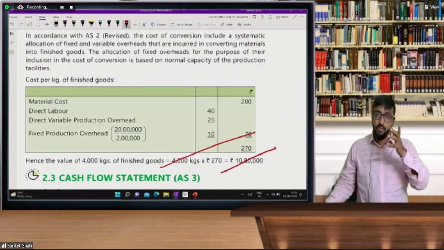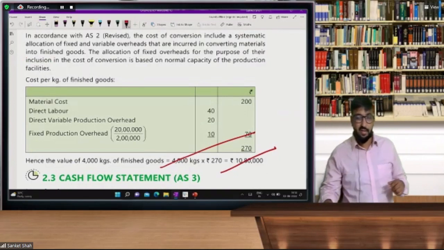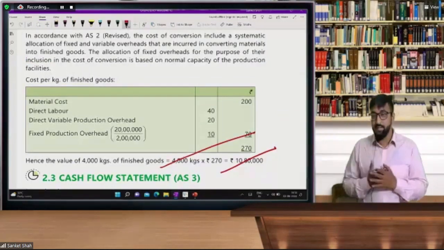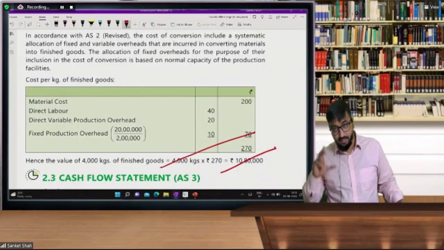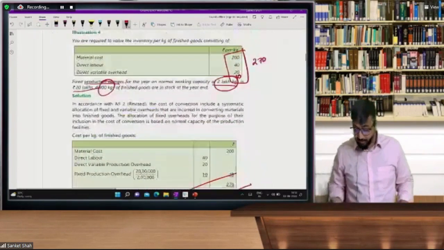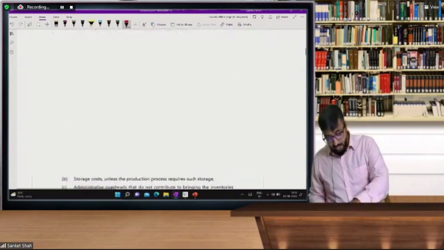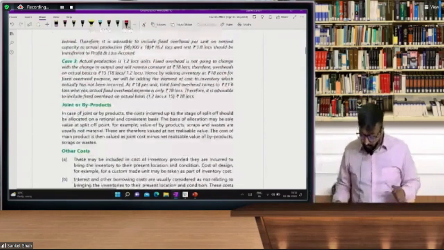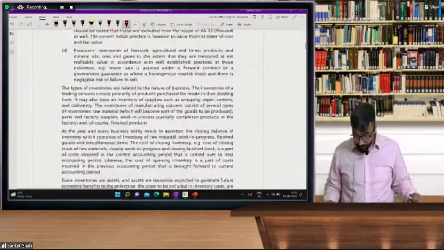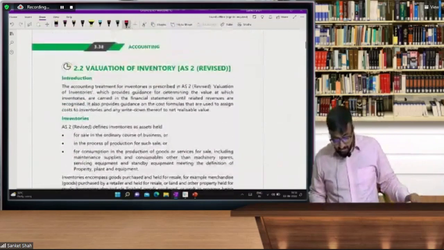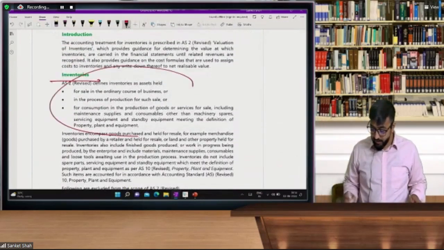So till now, yes, quickly revise it and take a break of 5 minutes. I know accounting standards are really difficult to understand, but students, if you focus on these concepts of accounting standards, you can see I have taken each and every concept in detail. It's in the simplest chart diagram. You can check here. I have covered almost all these concepts in a very simple way, but it needs a lot of experience. Inventories, I already explained you the definition.